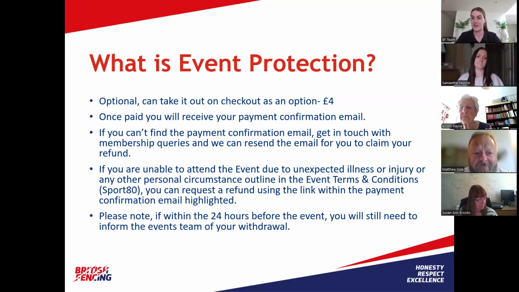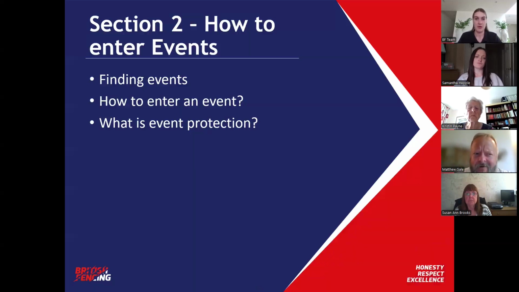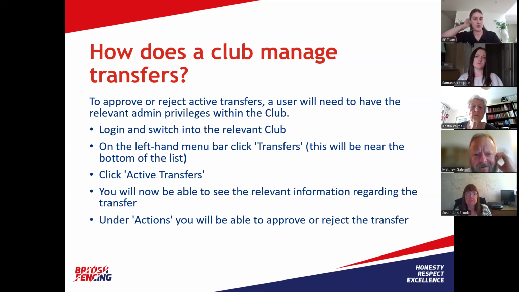Can I ask a quick question? Yes, go for it. I'm sorry, it's to go back to transferring an athlete as a club admin. I think you said you had to click on the 3 dots on the right-hand side. So you go on the 3 dots if you're the member transferring, but if you are club admin, on the left-hand main menu bar, there will be a transfers.